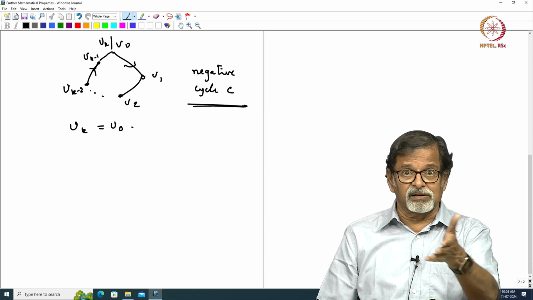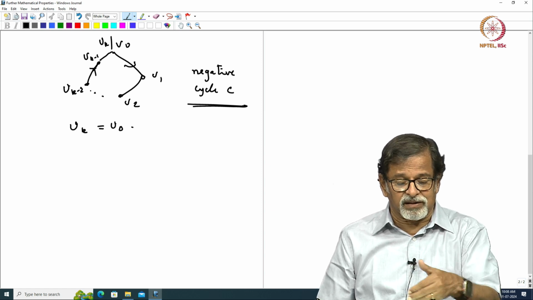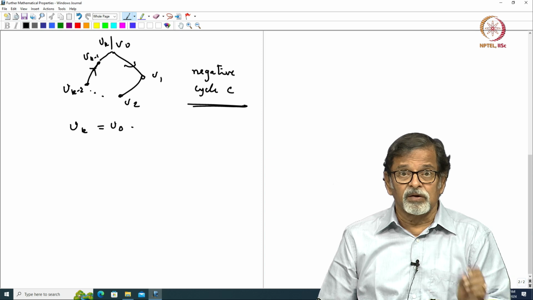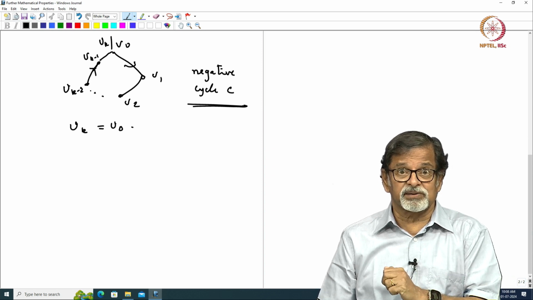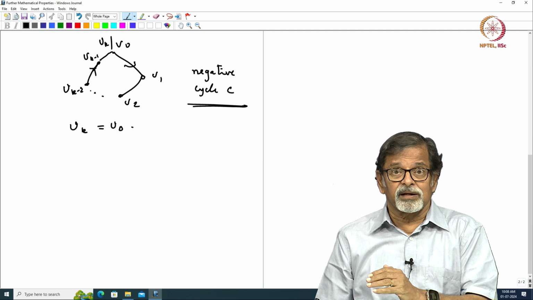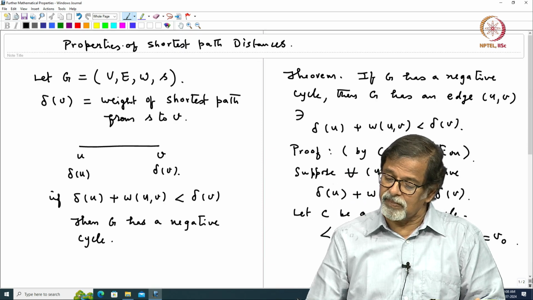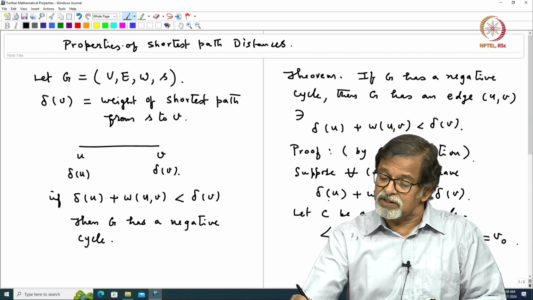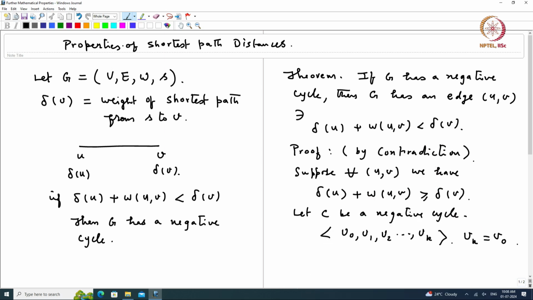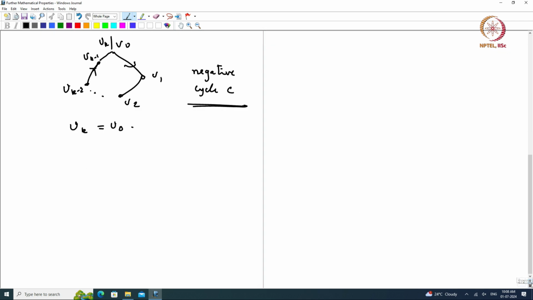Since G has a negative cycle, we have taken a negative cycle C, and these are the edges of the cycle. We know that for each edge, the condition that we have stated is delta u plus wuv is greater than or equal to delta v for an edge uv. So, for V0V1, delta V0 plus weight of V0V1 is greater than or equal to delta V1.